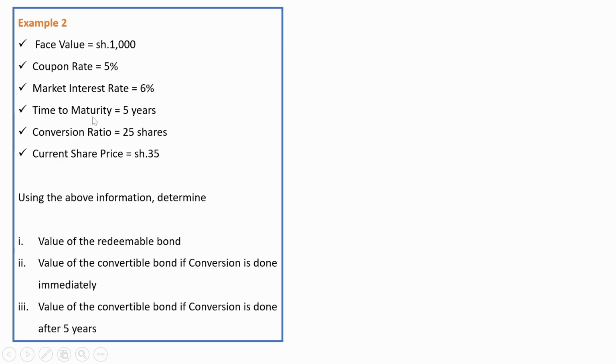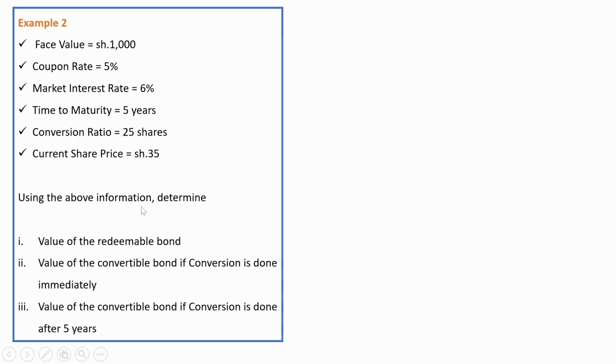So time to maturity is 5 years. Conversion ratio 25 shares, which means one convertible debenture can be converted into 25 shares. The current share price is 35 shillings.